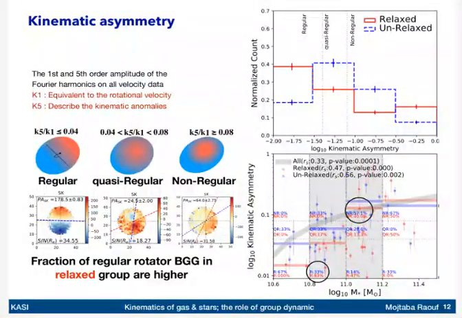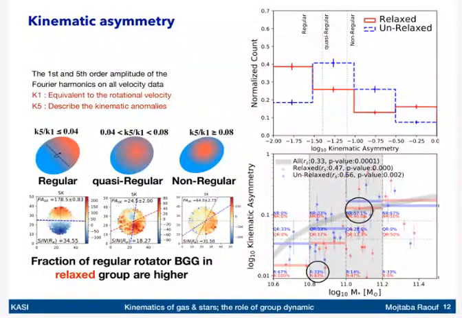You can see the image of a typical, really ideal regular rotator, and we intend to mark galaxies as regular, quasi-regular and non-regular rotators hosted by different dynamical halo states. You can see these are really ideal cartoons, and the criteria for such fractions are that K1 means exactly the rotational velocity, and K5 captures some of the kinematic anomalies in that.